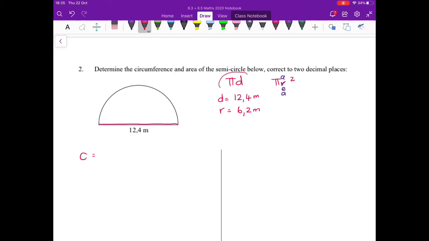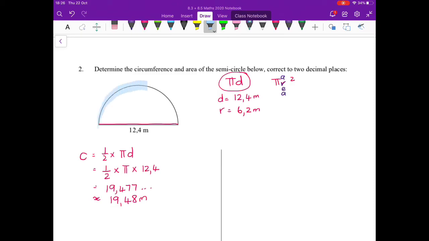Circumference. So let's start with circumference. Circumference equals pi d. But now I have a semicircle. So it is half of my circle, half of pi d, which will equal a half times pi, use the pi button on your calculator, multiplied by 12,4. And if I calculate that, I will get 19,477 and so on, which rounded off is going to be 19,48, and these are meters.